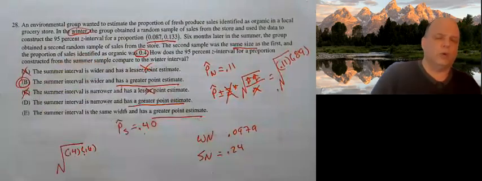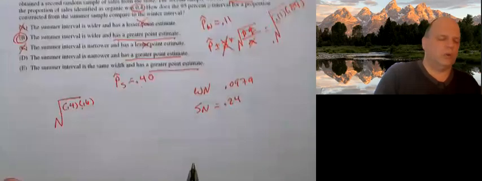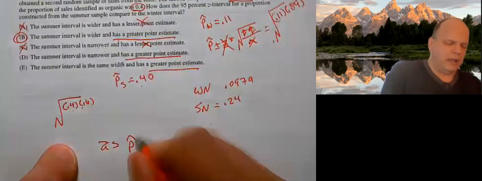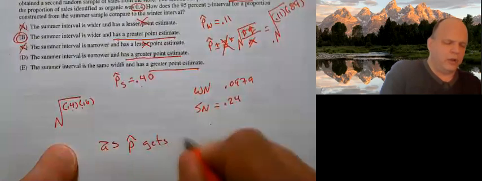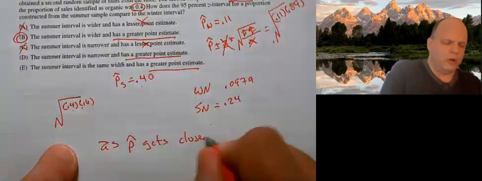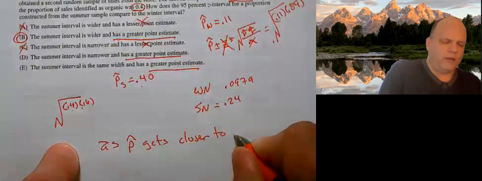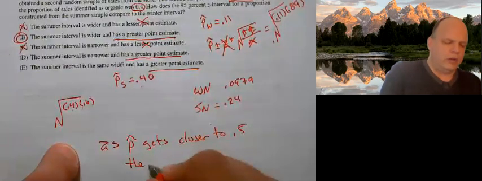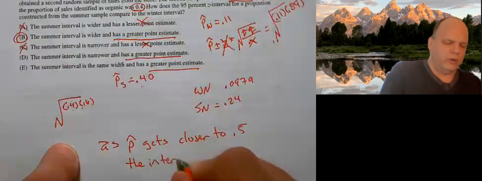Now, here's the rule. As P hat gets closer to 0.5, the interval gets wider.